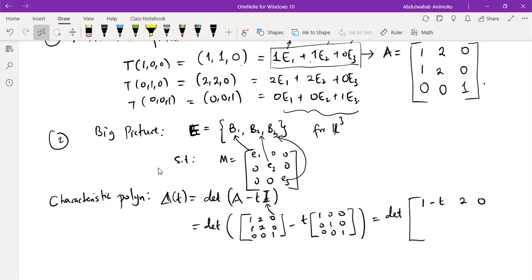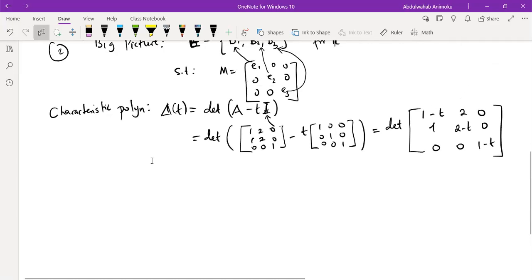What will just happen is we just subtract t from the diagonals of the matrix of transformation relative to the standard basis. So that's what we're going to do.